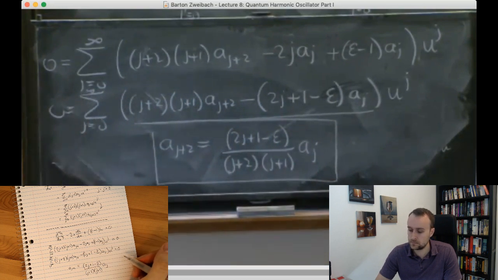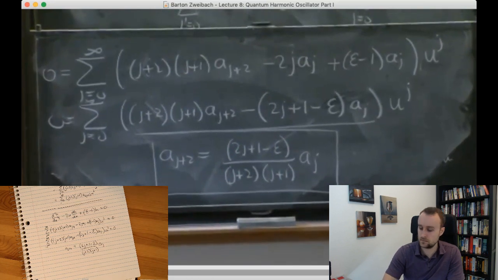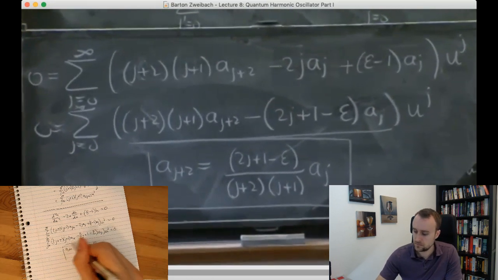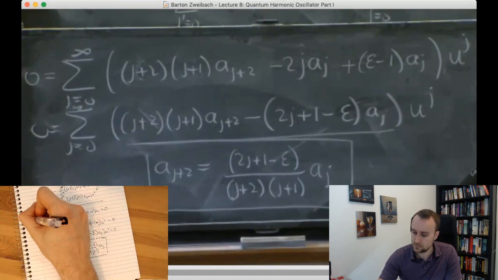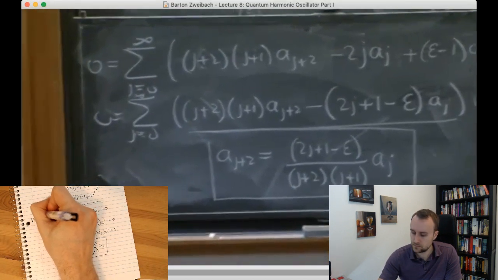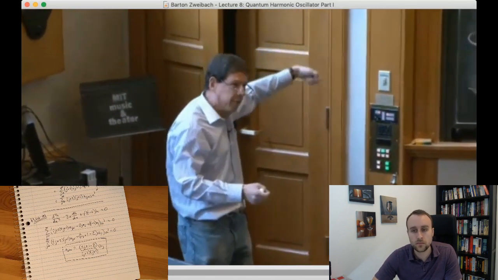A very nice recursion relation. So indeed, if you put the value of a0, it will determine for you a2, a4, a6, a8, all the even ones. If you put a value for a1, it will determine for you a3, a5.